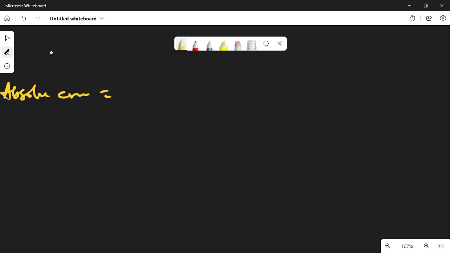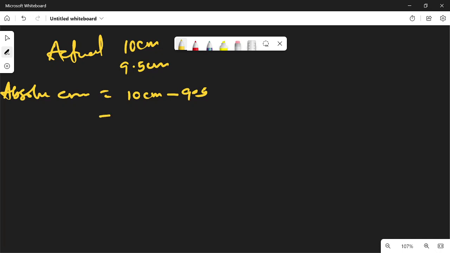If I give you that the actual measurement of something is, let's say, 10 centimeter, and somebody now measures it to be 9.5 centimeter, there is error now because the actual value is 10 centimeter. So you are now going to say 10 centimeter, that is the actual measurement, minus the measured value. That will give you 0.5 centimeter to be the absolute error. Do you understand that now?